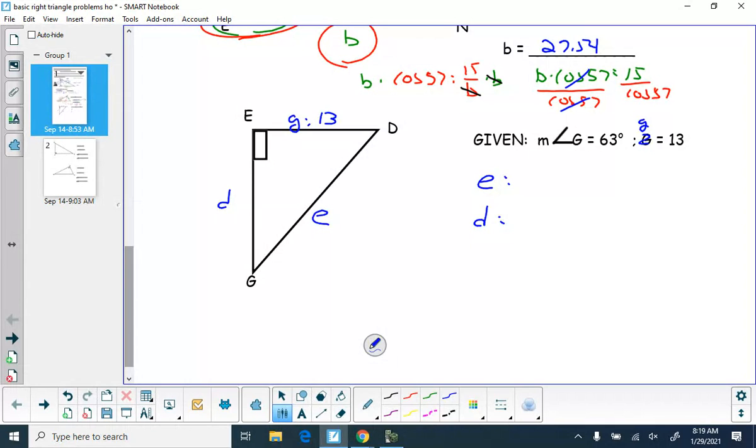Angle D is 13 degrees. Angle G is 63 degrees. Write a trig ratio for little e, and solve.